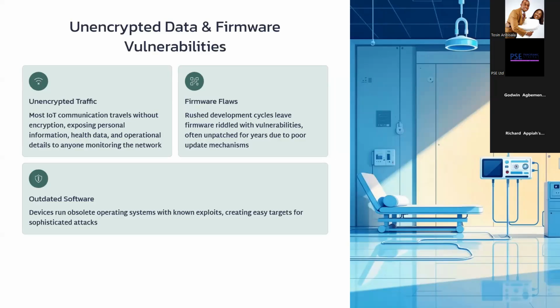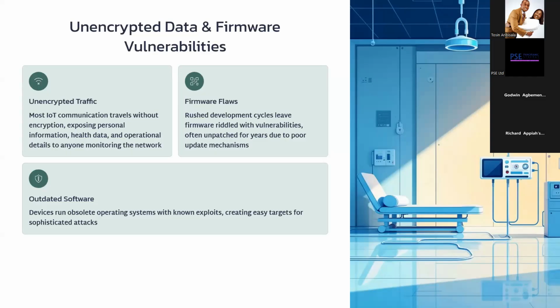When those firmwares are being developed, they are not properly aligned with best practices. We also don't have any secure architecture running on it. So as time goes on, these firmwares become weak, and it gives room for any form of attack and any form of breach on the particular firmware that we find ourselves running on. And also we have outdated software.